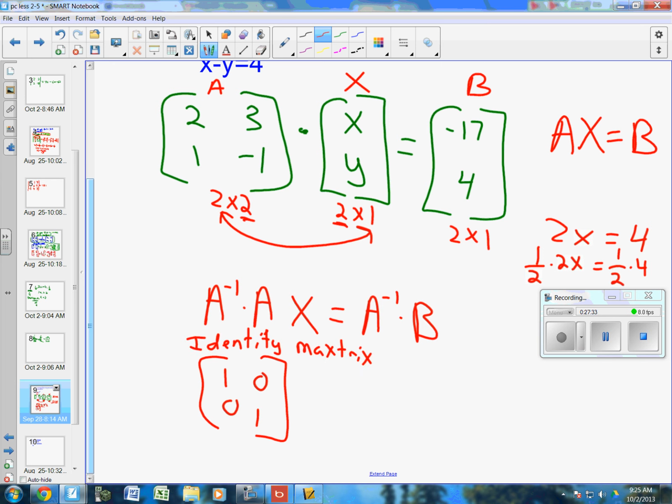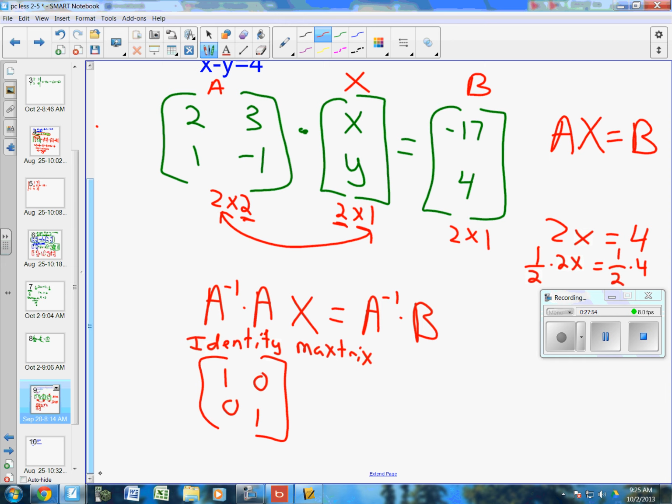If you multiply the multiplicative inverse of A by A, you'll get the identity matrix, and when you times it by xy, you'll just get xy, right? And when you times the multiplicative inverse by that, you'll get the solutions.